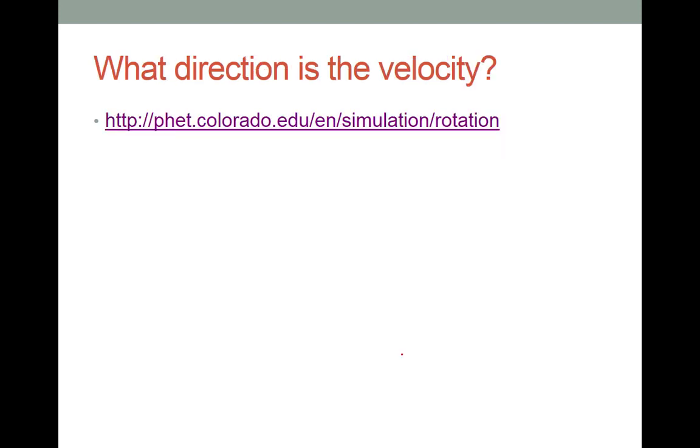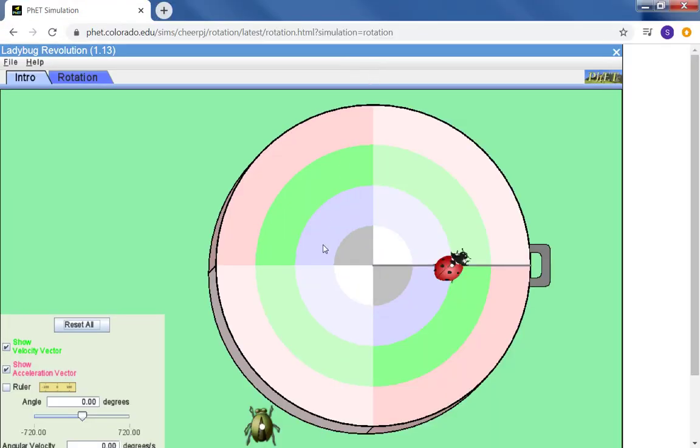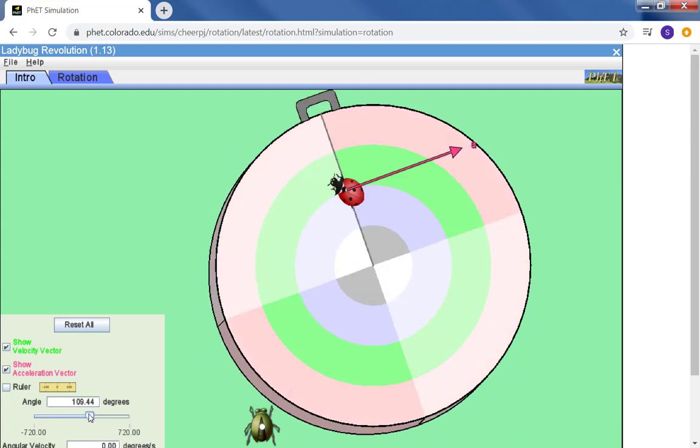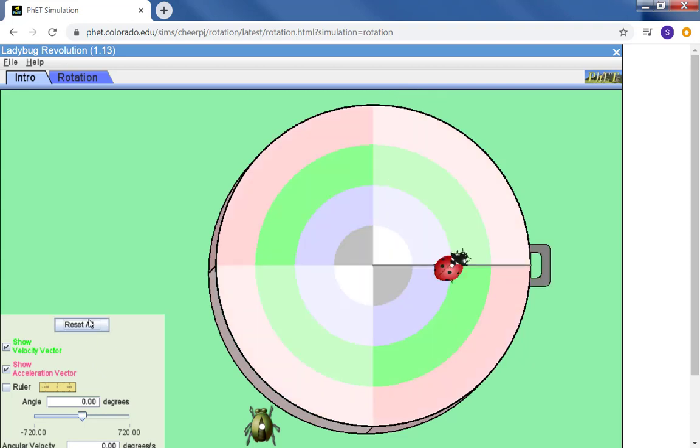Okay. So the last thing we're going to do is look at what direction the velocity is in, and what is actually going on. For that, we're going to look at this PhET simulation. Here we have a ladybug sitting on a turntable. Let's try resetting that.